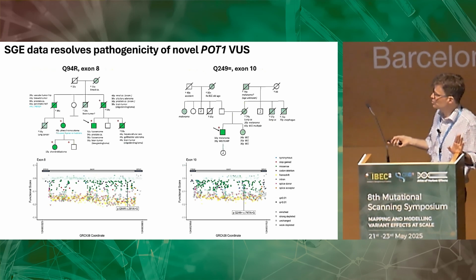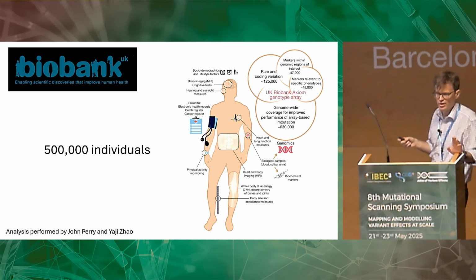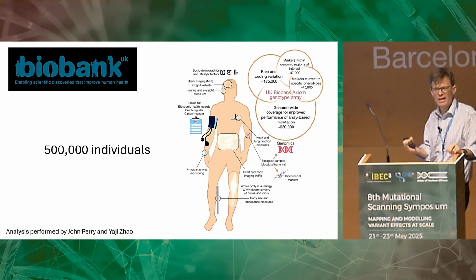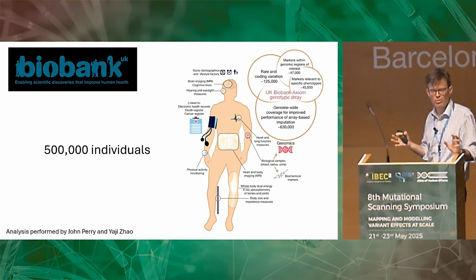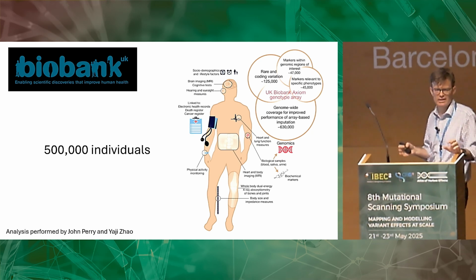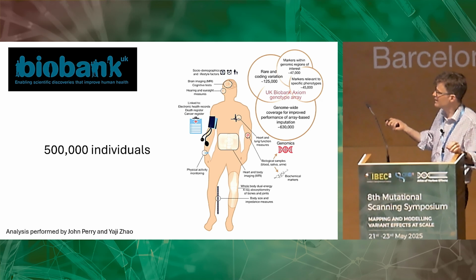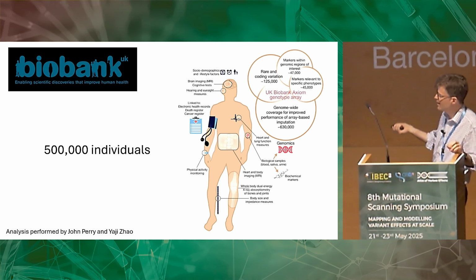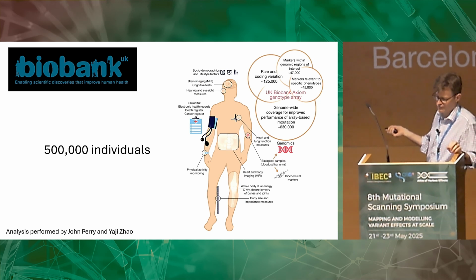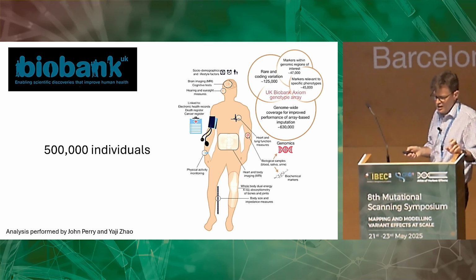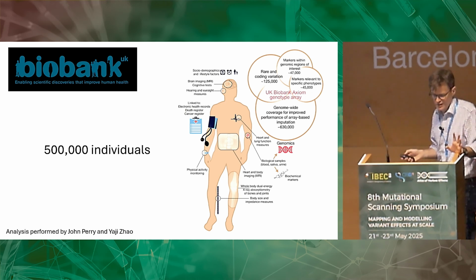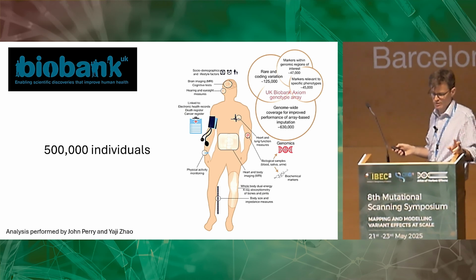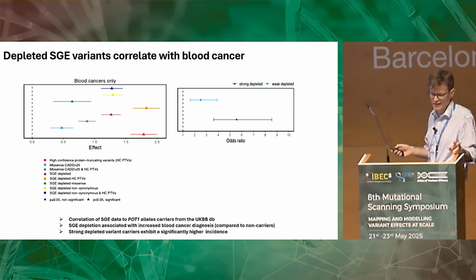So the other thing that we can do with these sorts of data is to compare the information that we obtain from our saturation genome editing to large-scale population-level phenotyping data sets. One good example of this is UK Biobank, where there are 500,000 individuals who've been very extensively phenotyped across a range of different phenotypes. The cancer phenotype that is most common within this population is actually blood cancer.